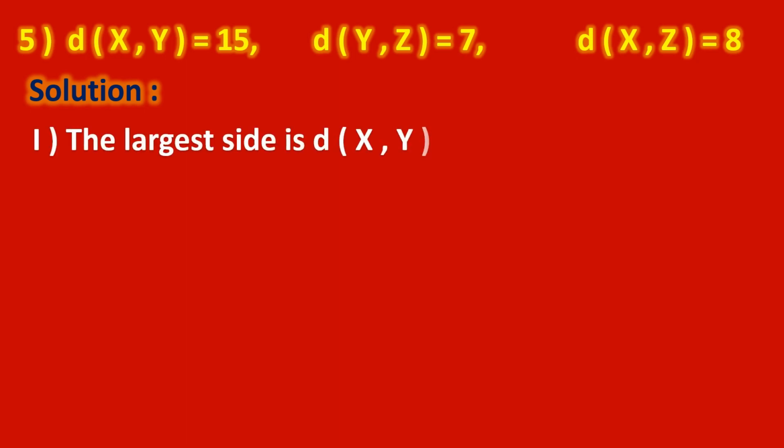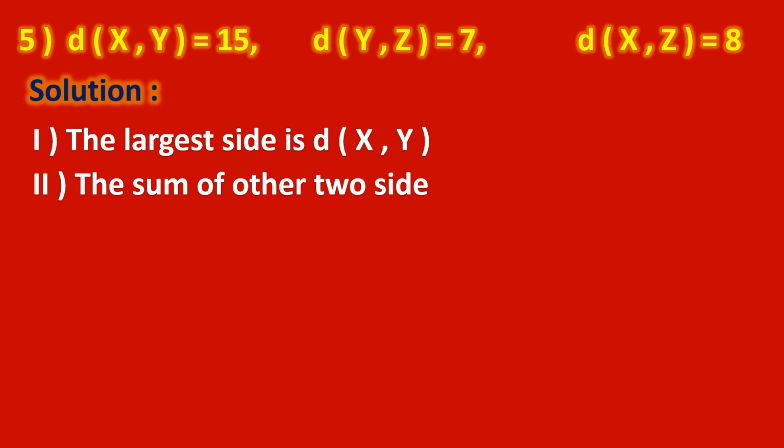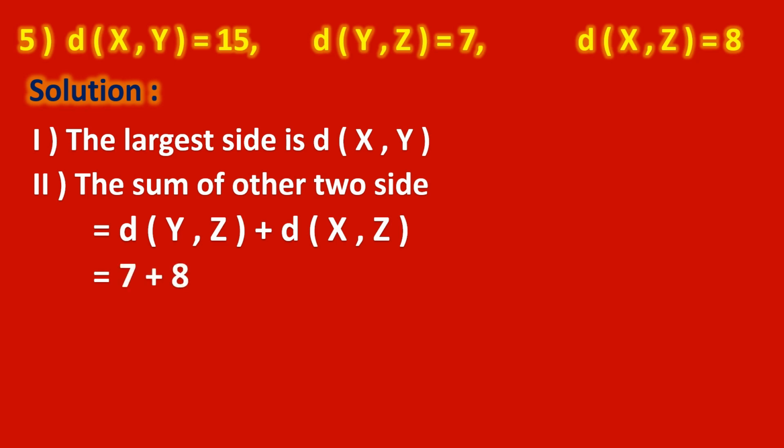Fifth question is distance XY is 15, distance YZ is 7, distance XZ is 8. Solution for this is the largest side is distance XY. The sum of other two sides, that means distance YZ and distance XZ, that means sum of 7 and 8, which is equal to 15.